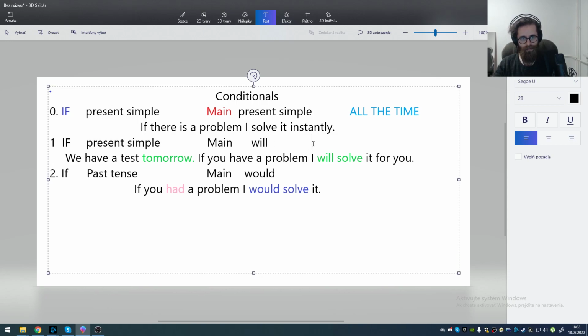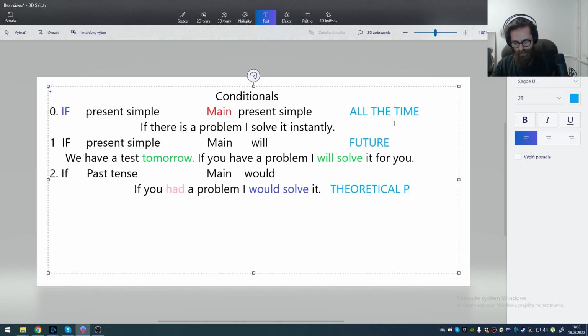This is future. And here, this is not past. Okay? It is theoretical present time or future.